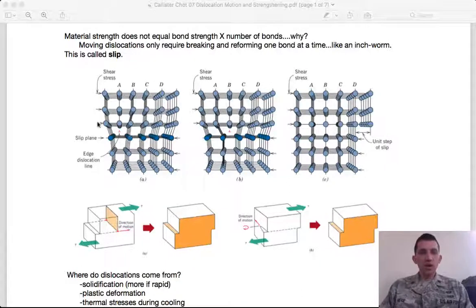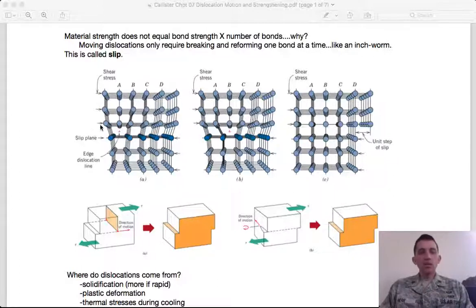And so the application of that shear stress can induce this bond here, say, to break and this atom to reform over here, which then provides an opening for this atom to break this bond and reform over here.